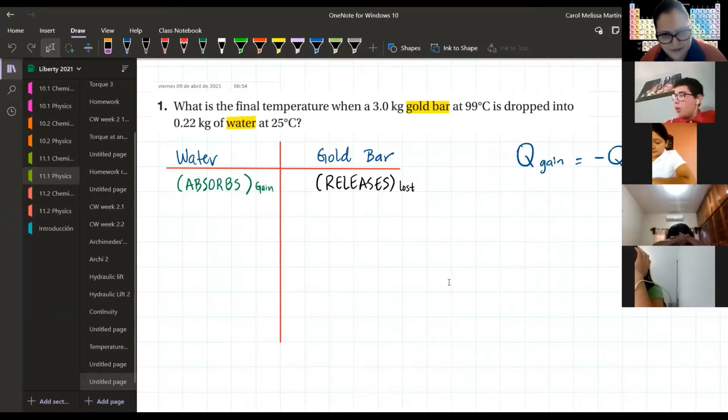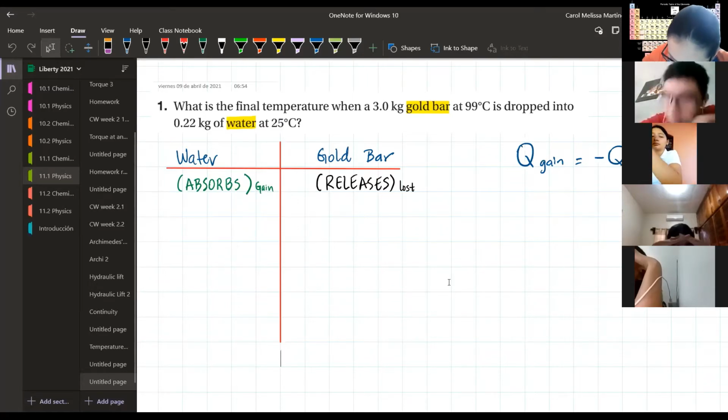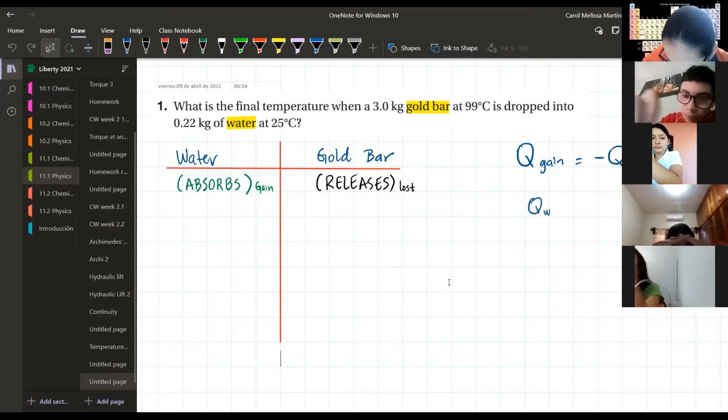That's the most important step, because from the formula you can determine what givens you need. So you know that Q gain, in this case, is water. So this is Q of water. It's going to be negative Q of the gold in this case.